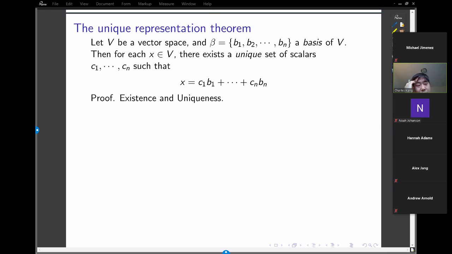So what is this theorem talking about? You have a vector space V, and you have a basis set beta for the vector space. And for each x in V, there's a unique set of scalars C1, C2 up to Cn such that this is true.